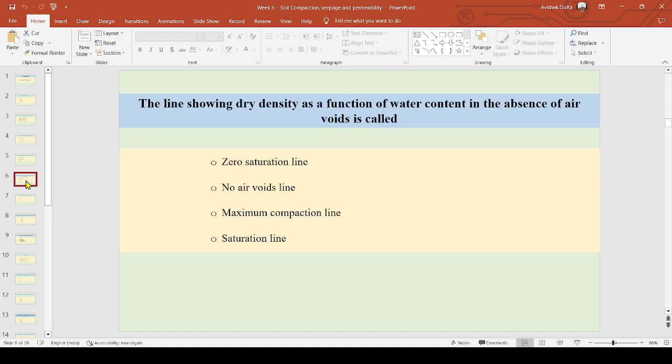The line showing dry density as a function of water content in the absence of air void is called. The graph of dry density and moisture content in the absence of air voids. The line which shows the absence of air void is called zero saturation line, no air void line, maximum compaction line, or saturation line.